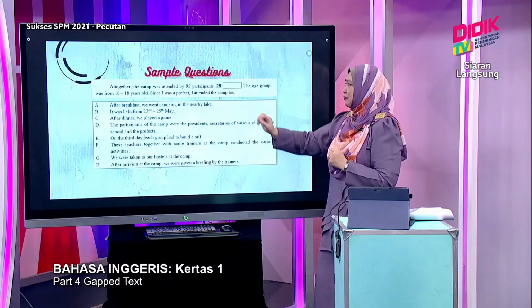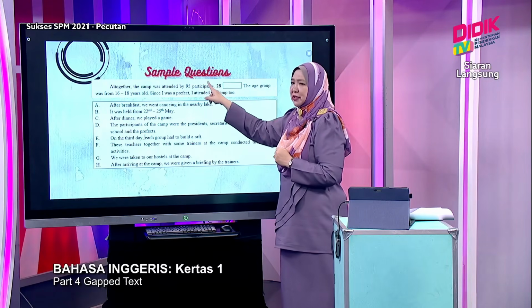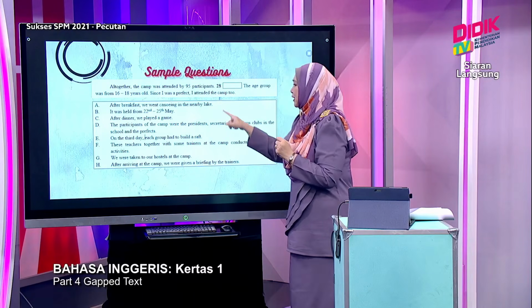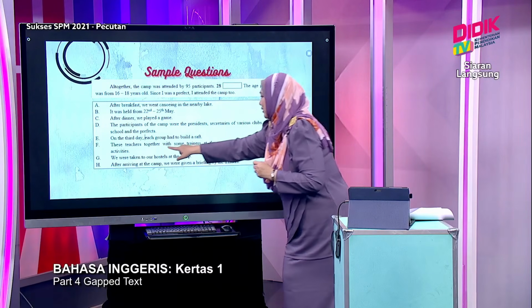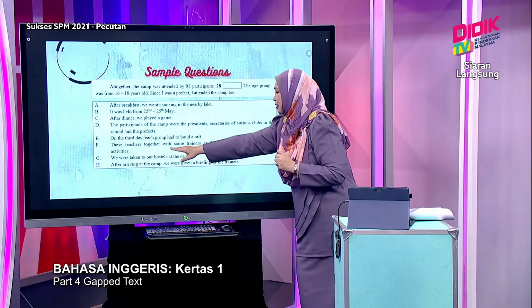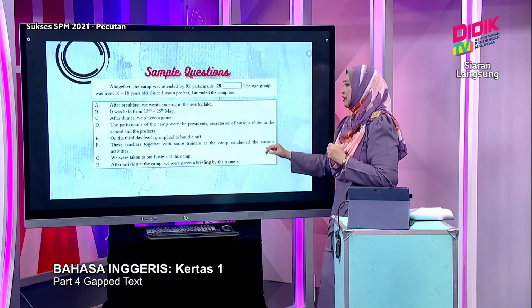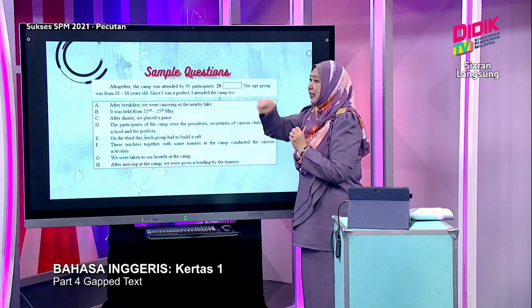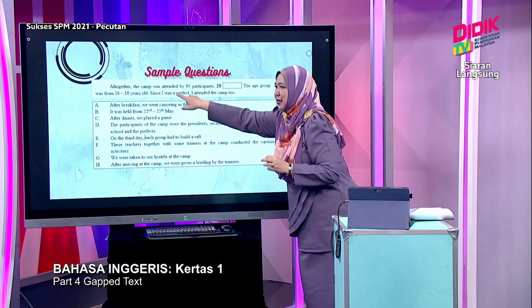So it's very important for us to identify participant. If they are rushing and didn't see the word participant, they will go to the teachers just now, because these teachers, together with some trainers at the camp, conducted the various activities. The word is participant, and another clue that you can use is prefect.